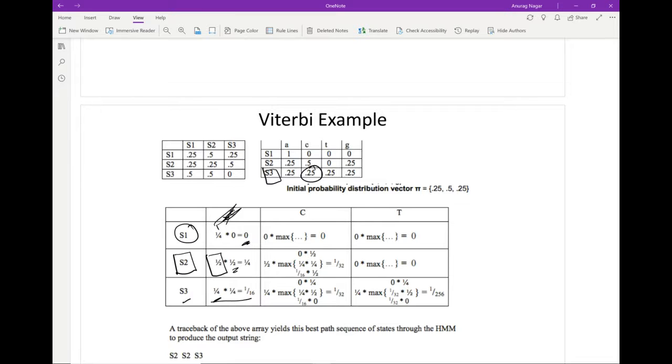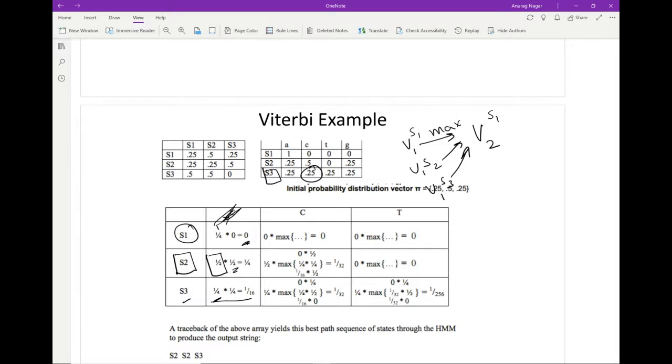So I do this. Now to figure out V2, time 2 state S1, you have to look at V1 S1, V1 S2, V1 S3. You figure out this jump, or this jump, whichever is the max of that.